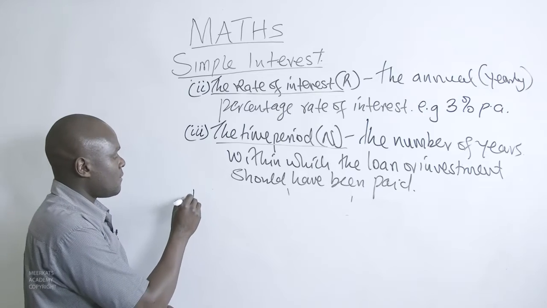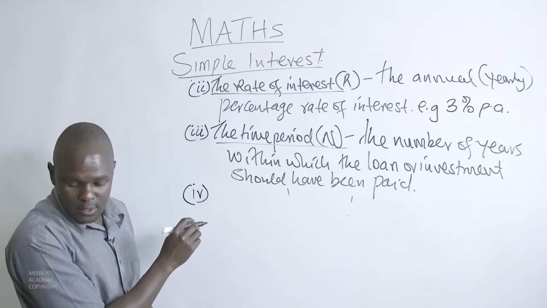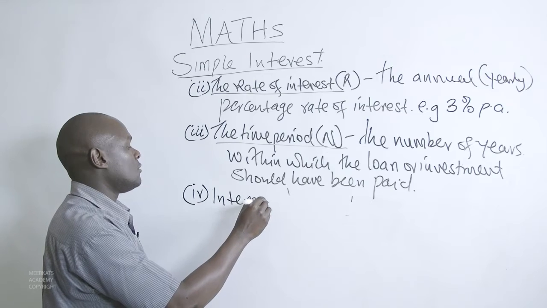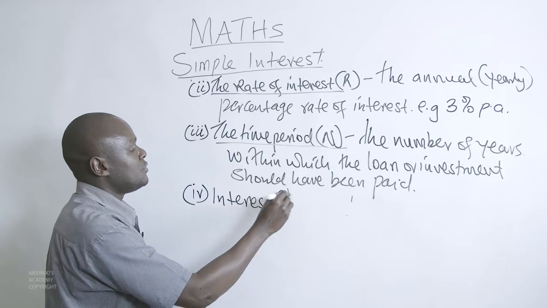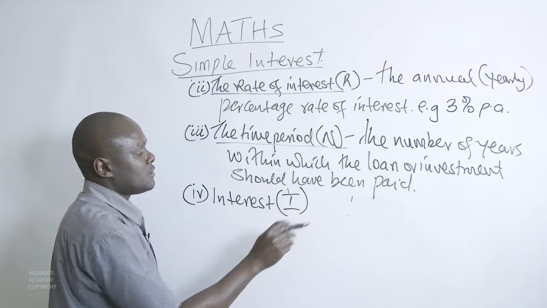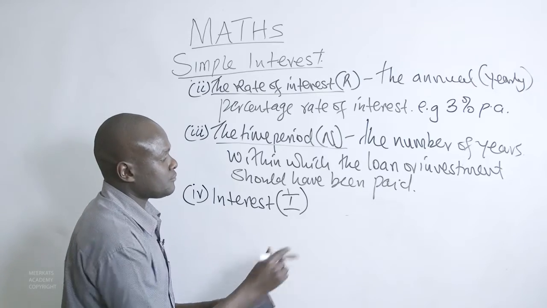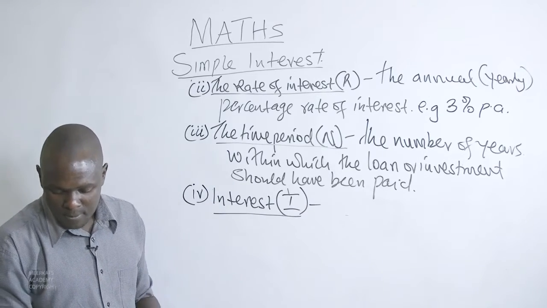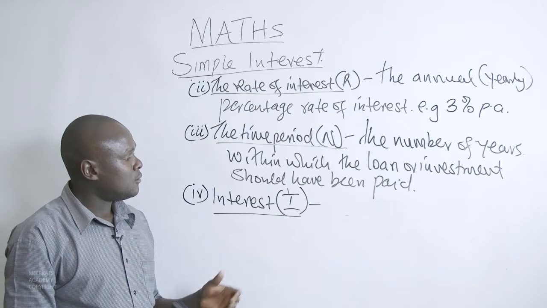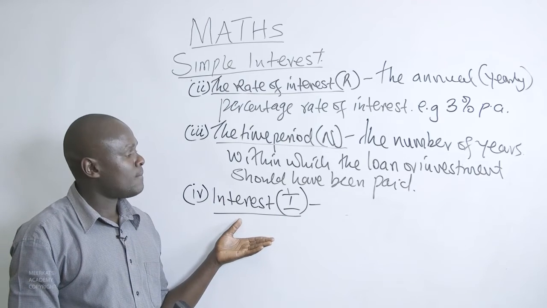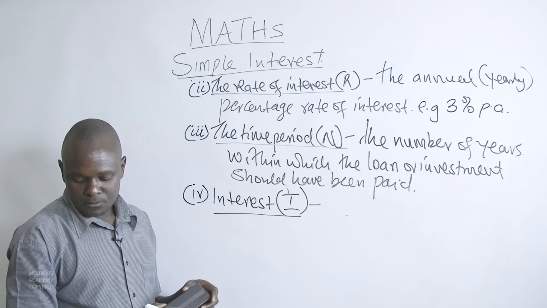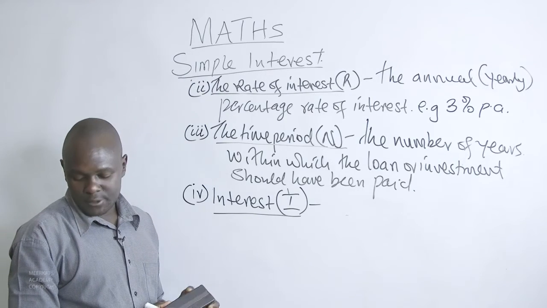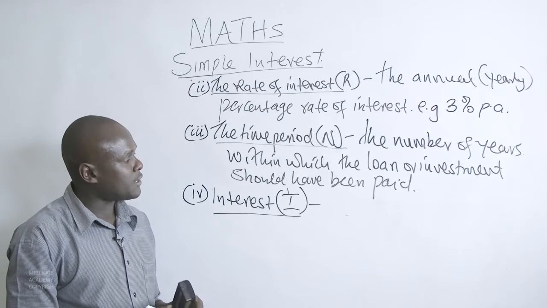And lastly, we look at the interest, which is denoted by the capital letter I. The interest is the amount that is accrued over a given period of time.